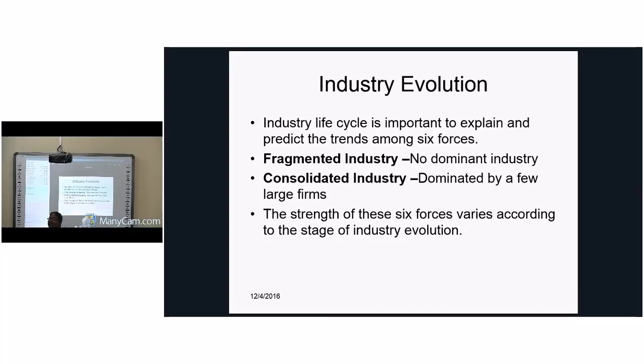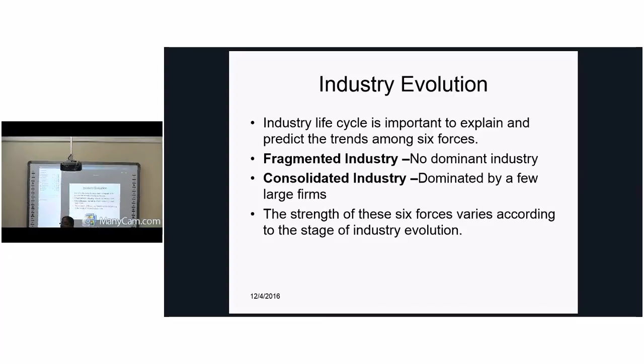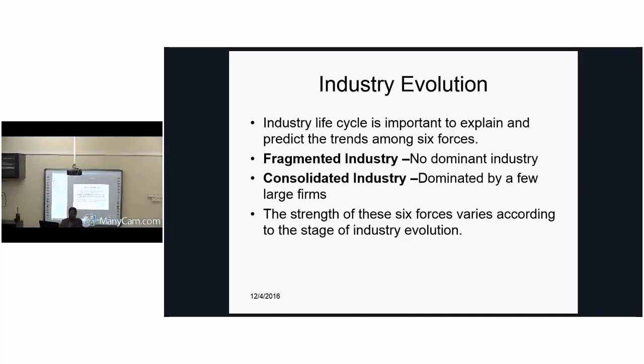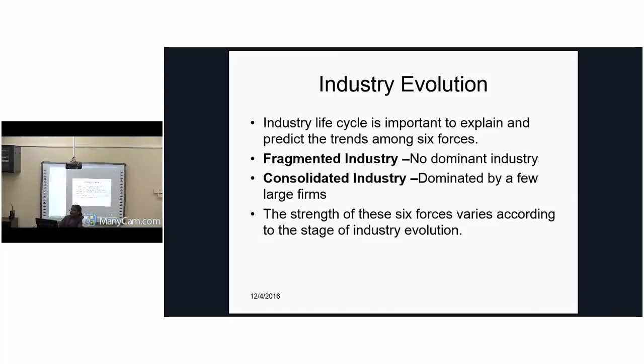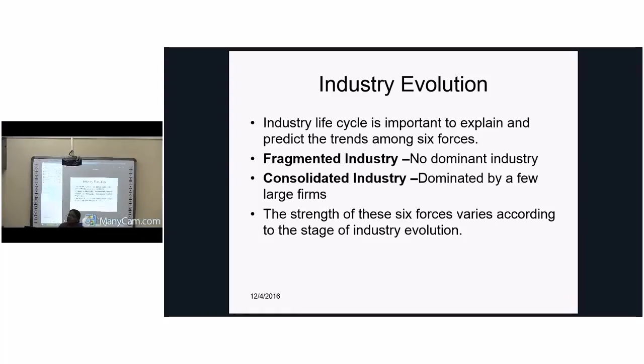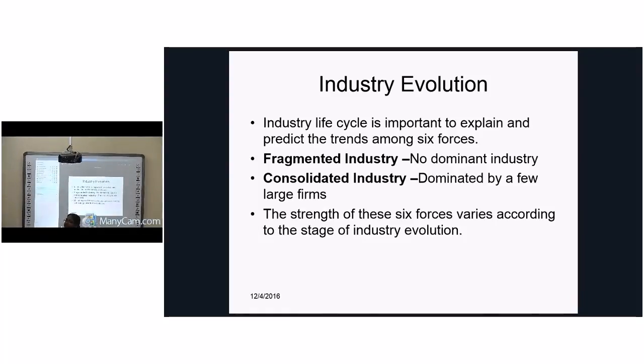Then, industry evolution. The industry life cycle is important to explain and predict the trends among these six forces, right?